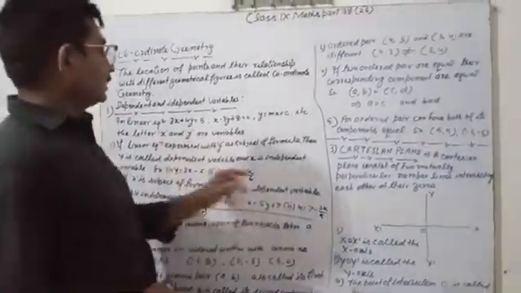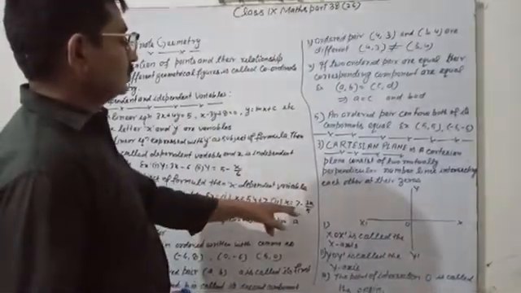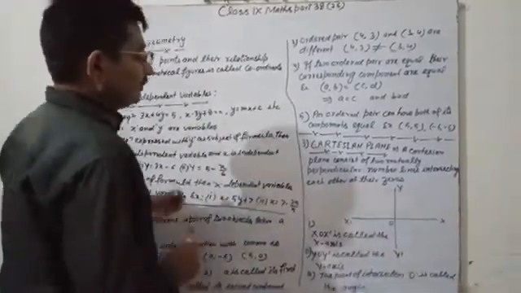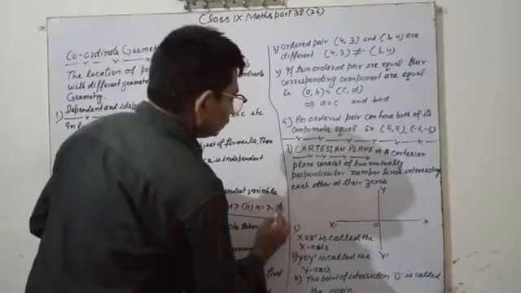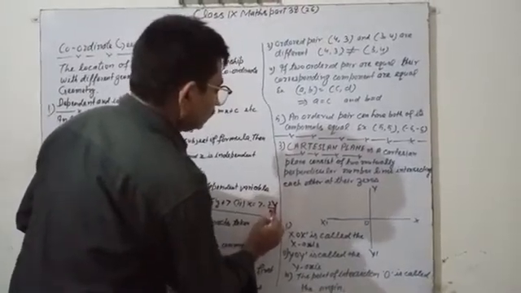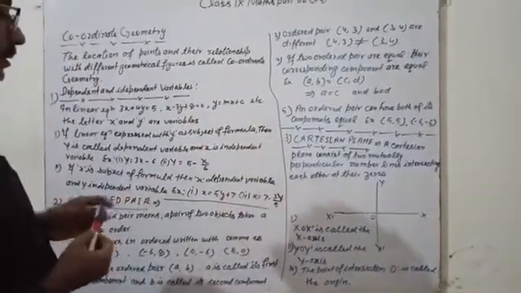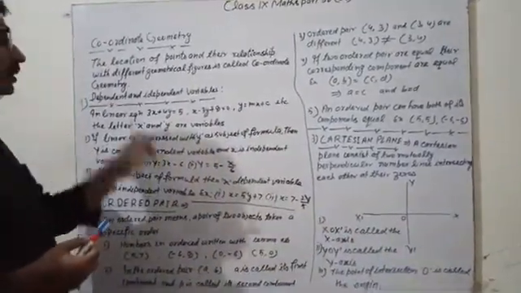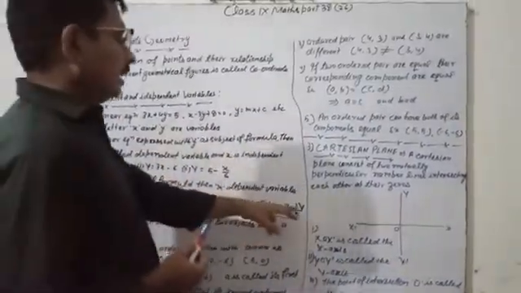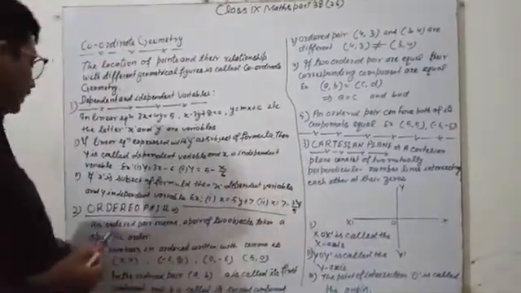In the second example, x equal to 7 minus 2y by 5, here x is the subject of the formula, so it is a dependent variable and y is the independent variable.